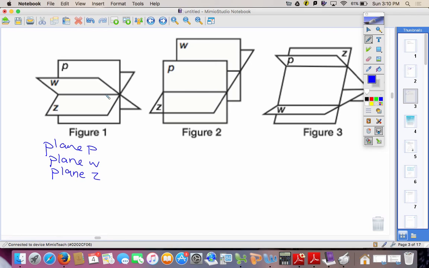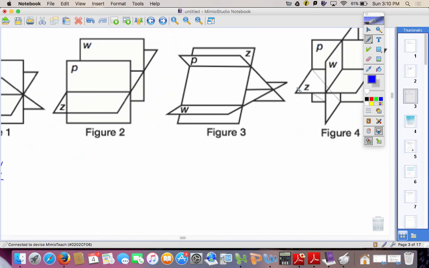Okay, figure 2, again you have the three planes, plane P, plane W, and plane Z, and they don't all intersect each other, right? Plane P and plane W never intersect each other, but they both intersect plane Z at a line.